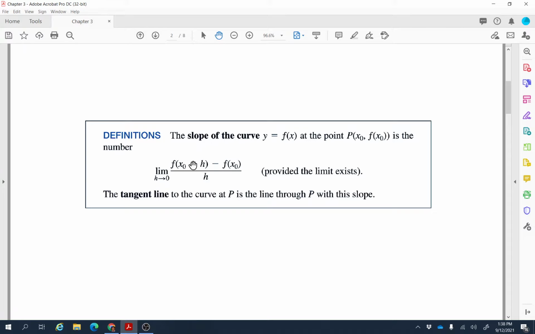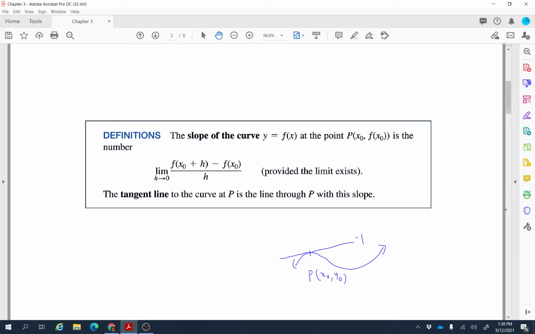This is the slope of the tangent line. Tangent line to the curve at point P is the line through P with this slope. So here is the curve f of x. Here is a point P, x0 and then y0, where y0 means it's the value of the function at x0. And we would like to find out the slope of the tangent line.